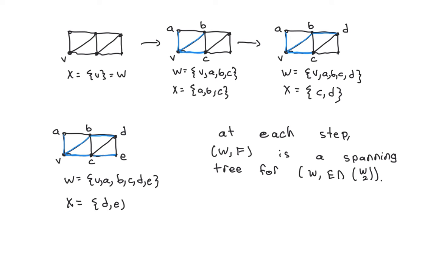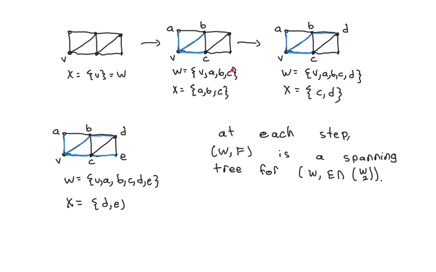So here is an example. Here is a graph that's connected. Let's pick this vertex V. So our algorithm starts with capital X and W being V. So we take this vertex V and we look at all edges incident to V. We see the other endpoints are not in W yet.